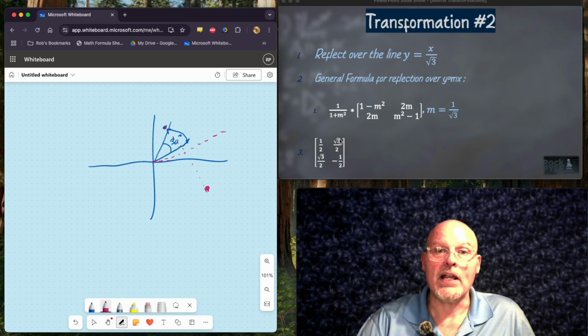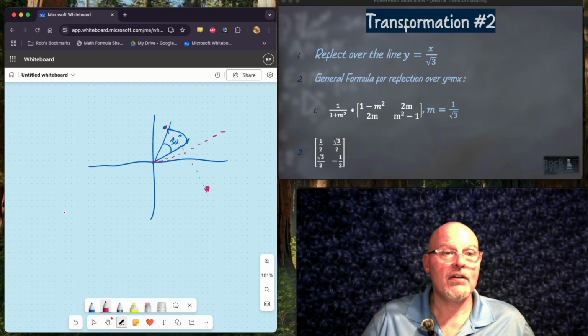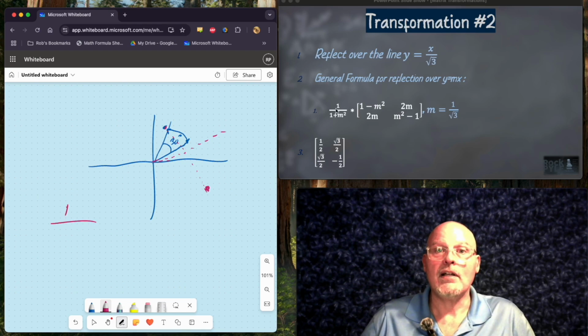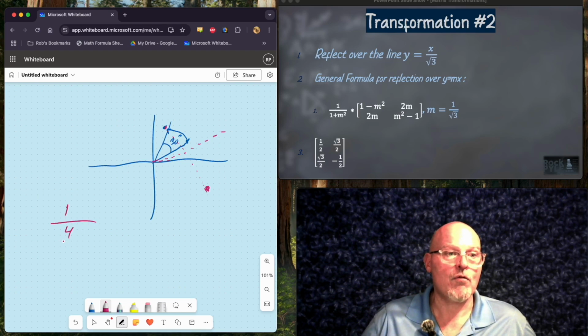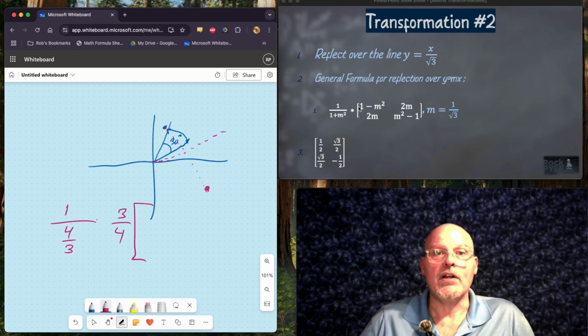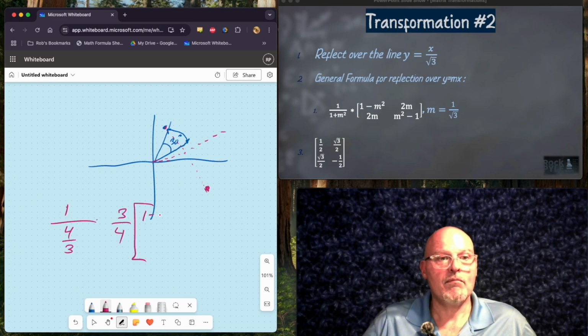So 1 over m squared is going to be 1/3, that's going to be 4/3, and multiplying by the reciprocal, that's 3/4 as a scalar times: 1 minus m squared, so 1 minus 1/3. Down here, 1/3 minus 1, m squared minus 1. Up here, 2 times m is 2 over the square root of 3, and similarly 2 over the square root of 3.